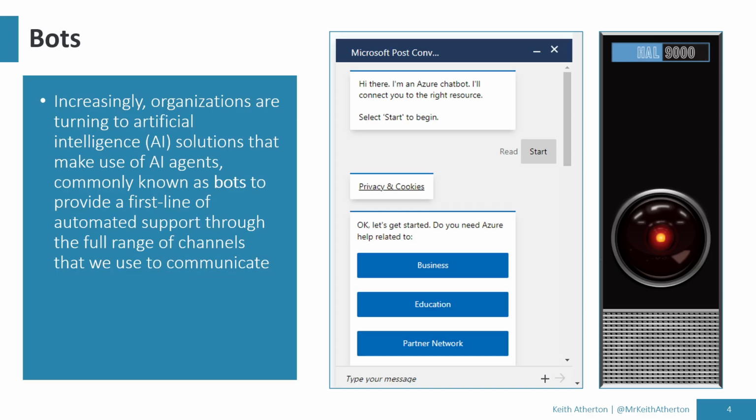So you can see the example there where it says, hi there, I'm an Azure chatbot, I'll connect you to the right resource, and there you've got some menu options that will help guide the user to that specific resource. Sometimes it's a bit more open-ended and just chat, and that's what we'll be looking into today.